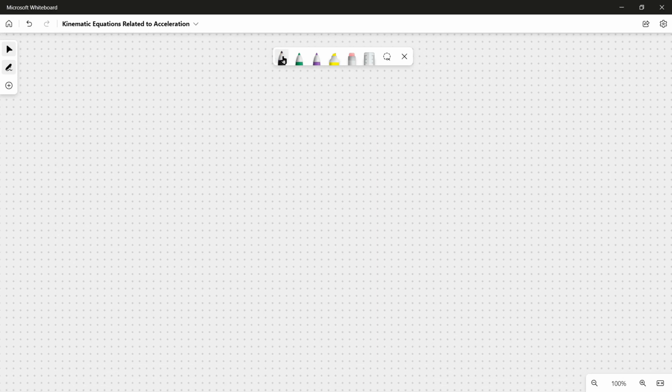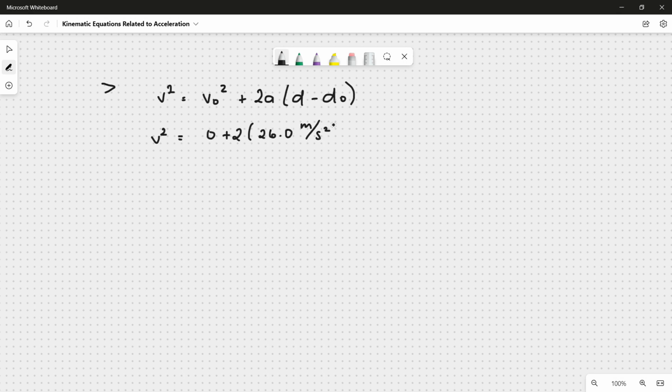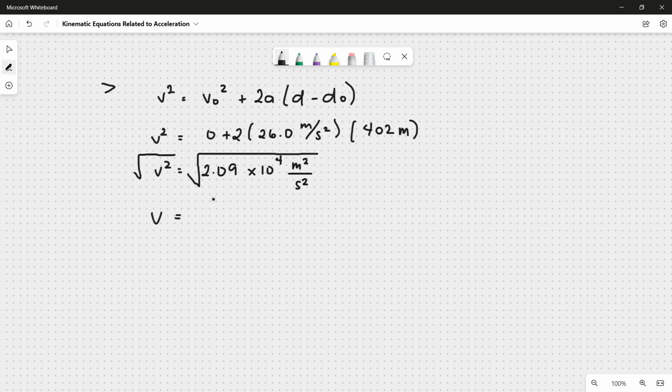Now we need to insert the knowns into the equation and solve for v. Taking the square root gives us v is equal to 145 meters per second.